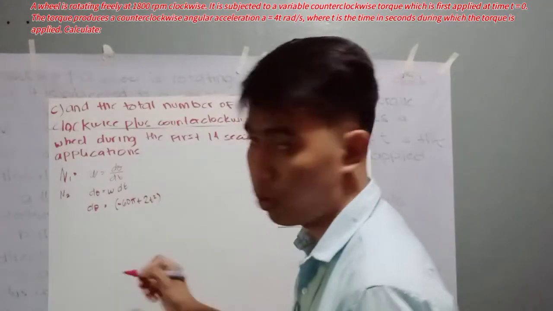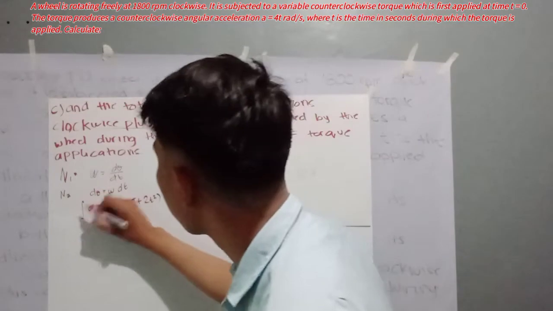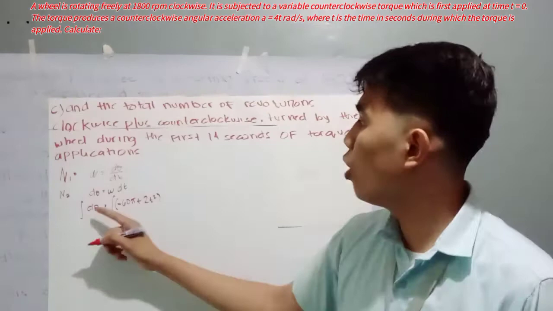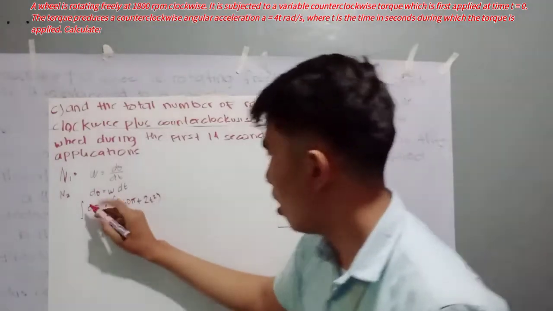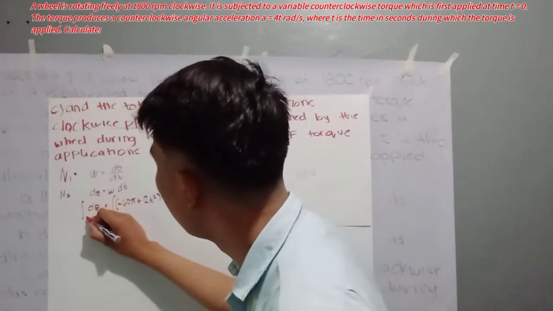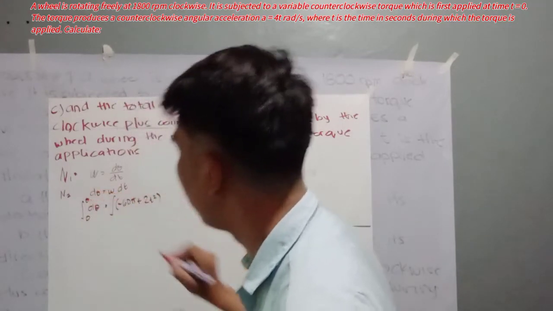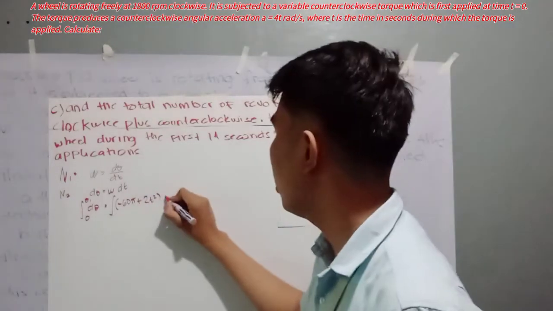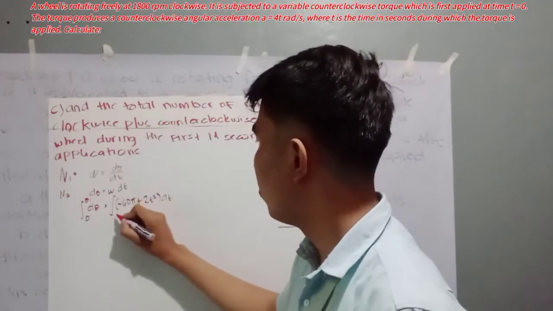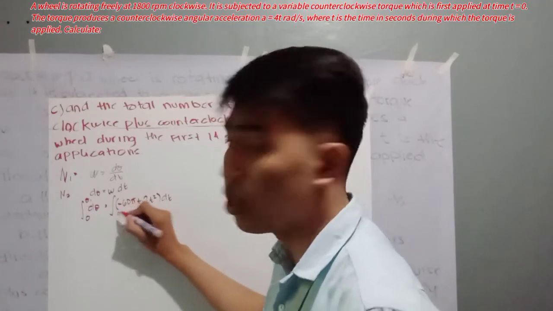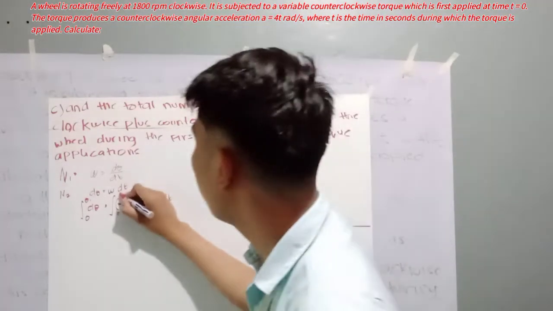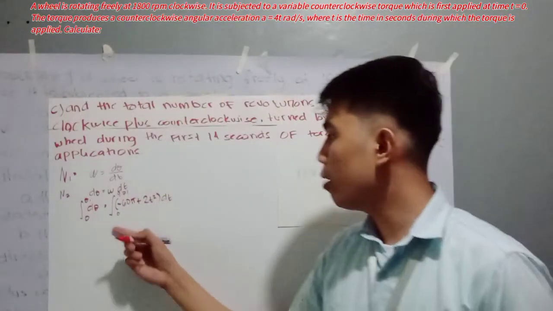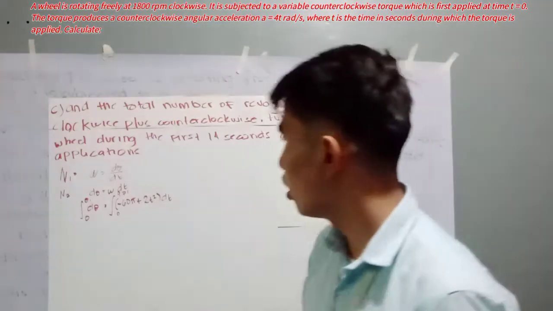Integrating both sides, the integral of d theta from 0 to theta 1 equals the integral of negative 60 pi plus 2t squared dt from 0 to 9.71.